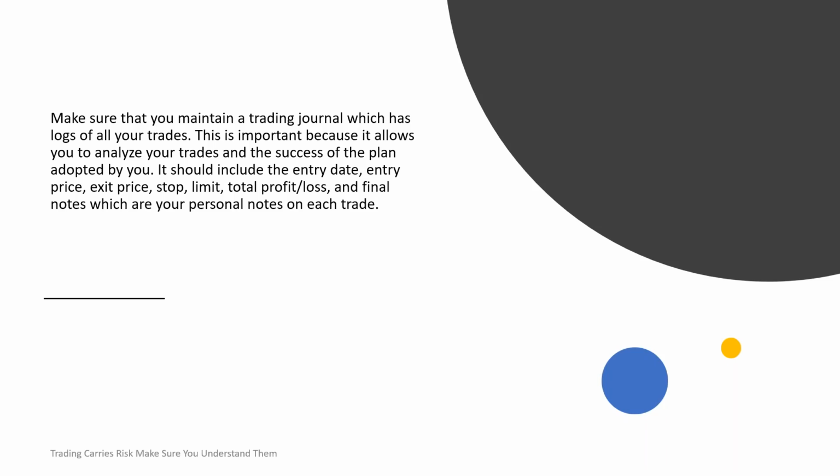So make sure you maintain a trading journal which has the logs of all of your trades. This is important because it allows you to analyze your trades and the success of the plan adopted by you. It should include the entry date, the entry price, the exit price, the stop and limit and total profit and loss. And final notes, which is the most important, your personal notes on each trade.